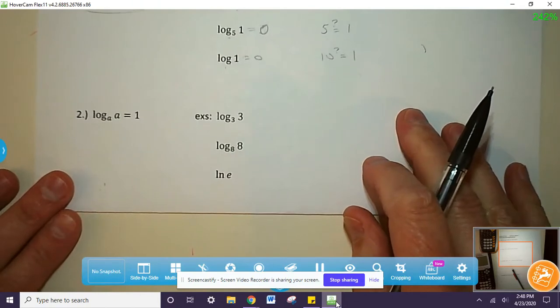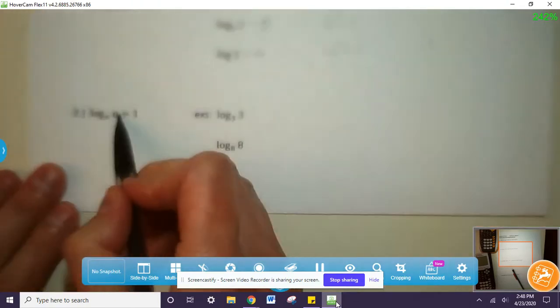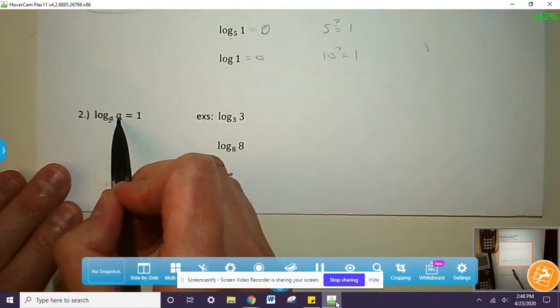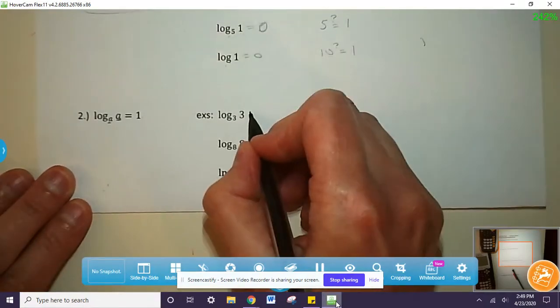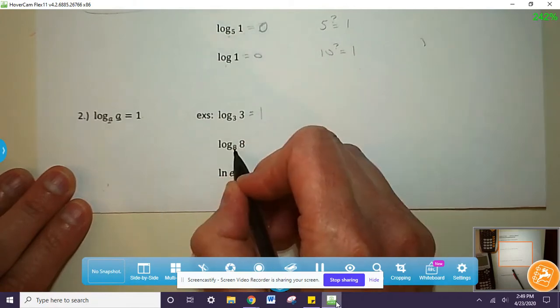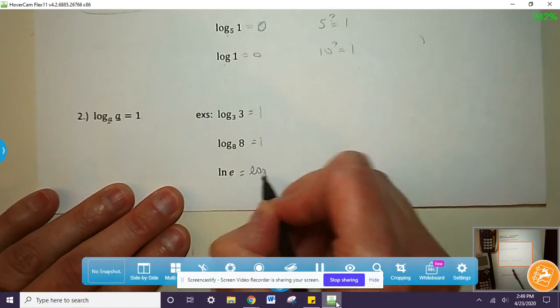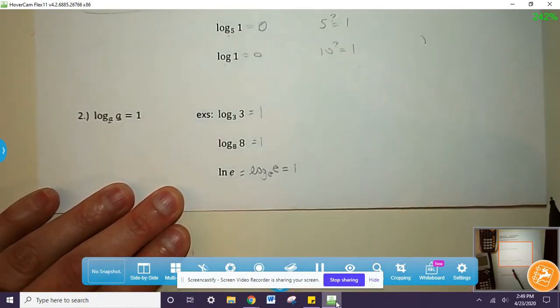Same with the next property. The next property says, if you are taking the log of something and your base and the input match, so if the base matches what's inside the log, the answer automatically is 1 every single time. So it's a nice shortcut, like these here. Same with this one because natural log of e is log base e of e. So since the base and the input match, it's automatically 1.